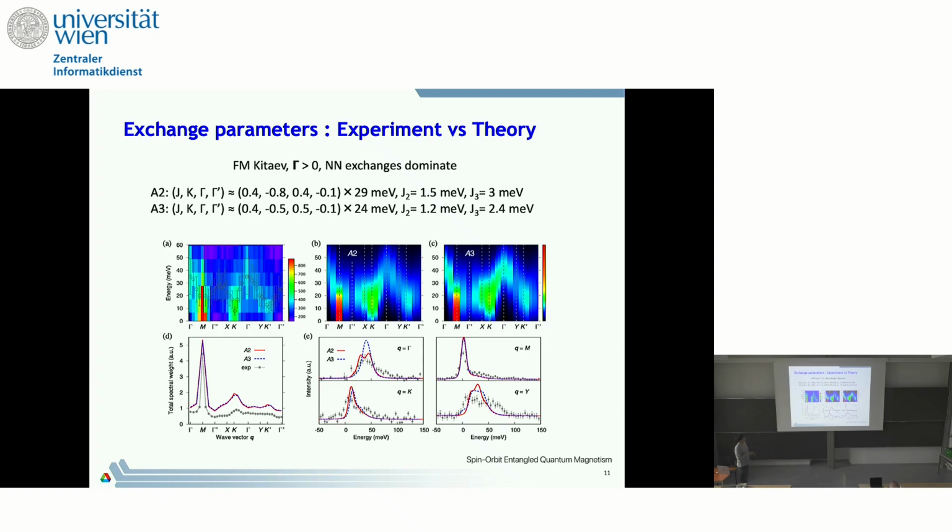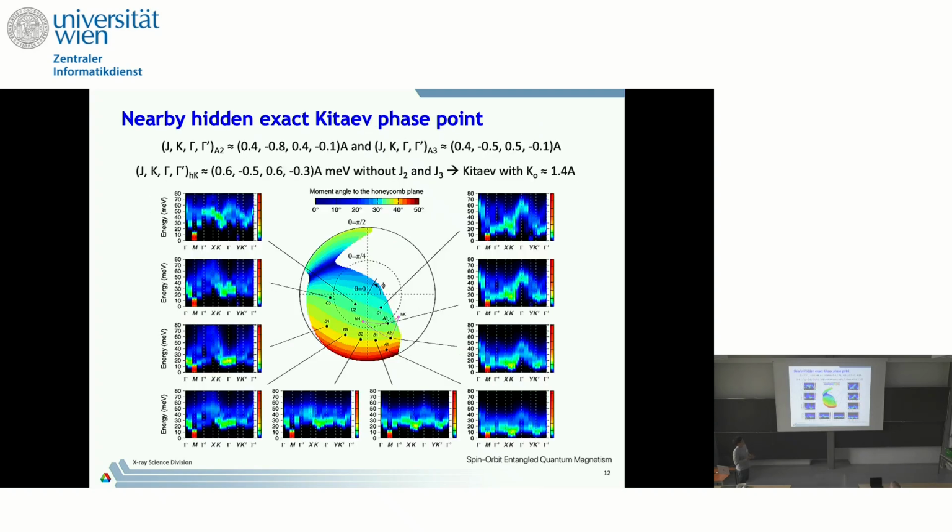One interesting aspect of our study is that in this A2, A3 phase diagram, we found that very close by there is a hidden Kitaev point. Our parameter range is not that far from the hidden Kitaev point. If we ignore J2 and J3, this is the hidden Kitaev point.